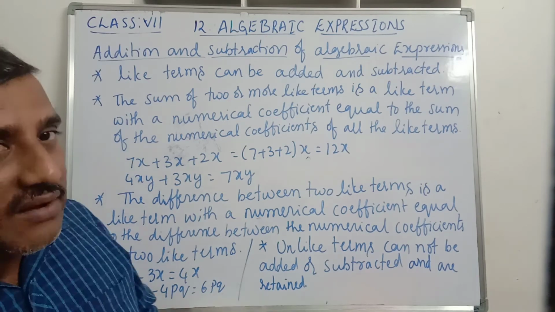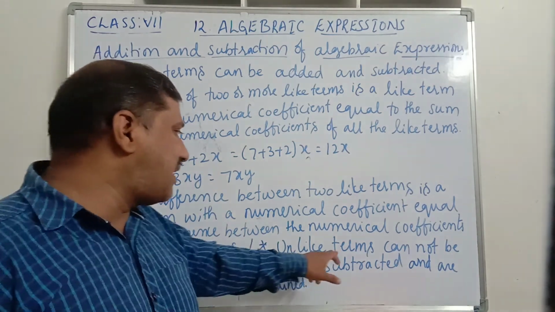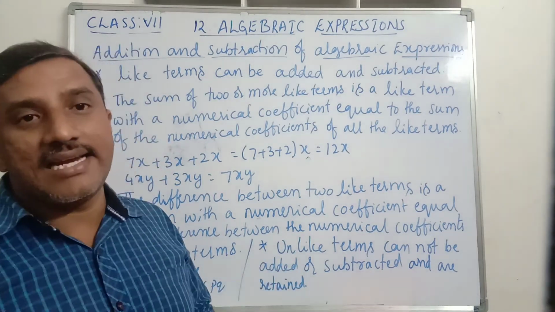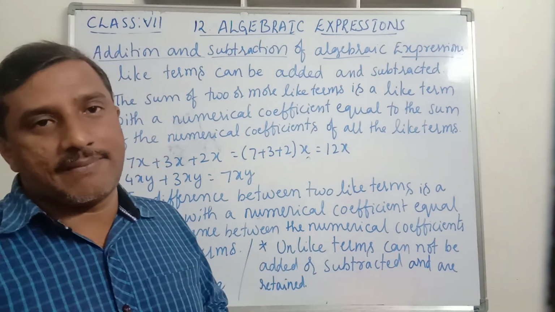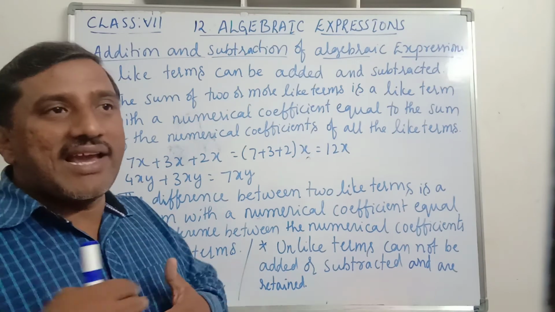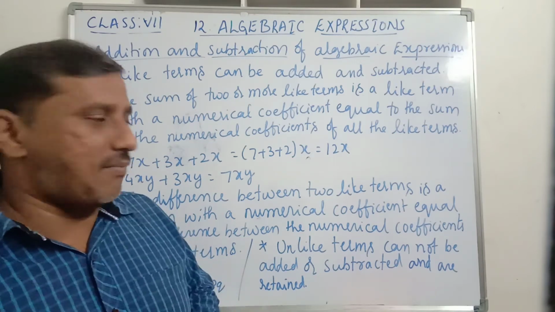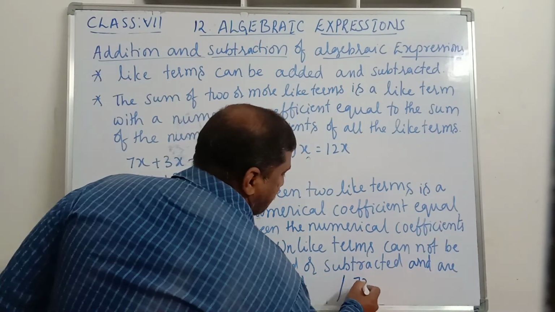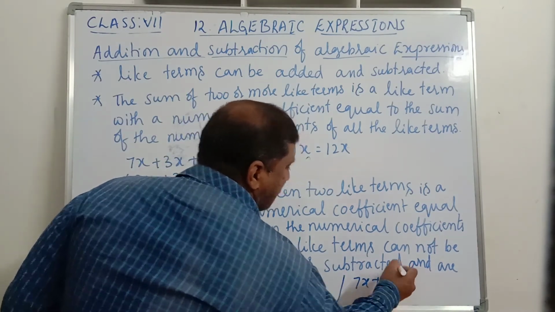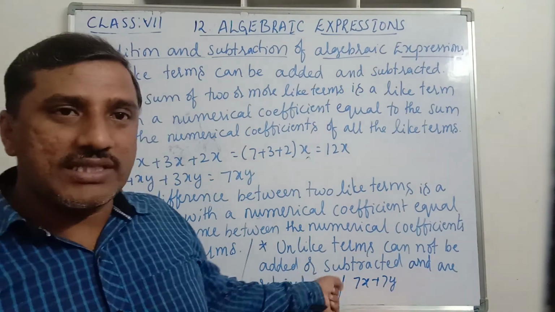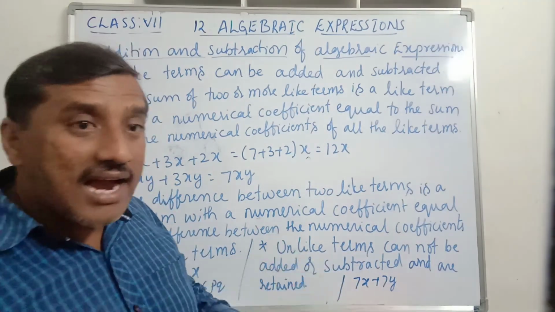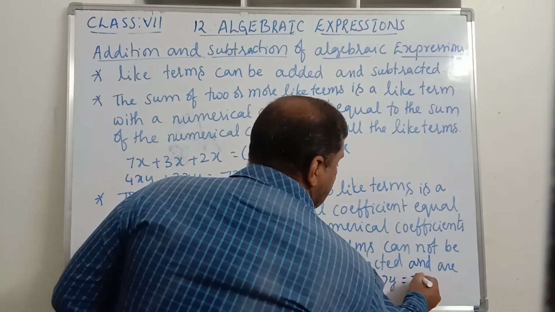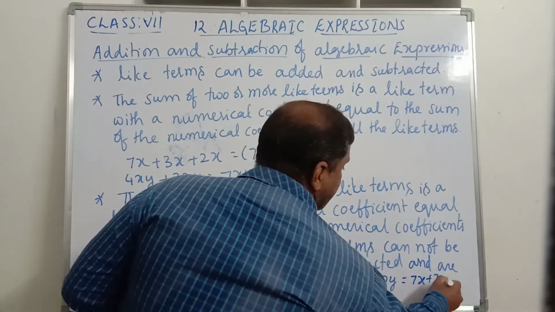What about unlike terms? Unlike terms cannot be added or subtracted and are retained. We will leave them as they are. For example, 7x plus 7y. When we add these two, as they are unlike terms, we cannot add them, so we get the same 7x plus 7y itself.